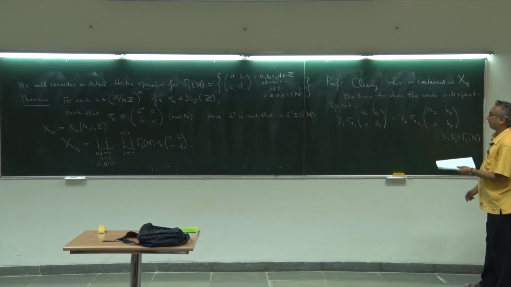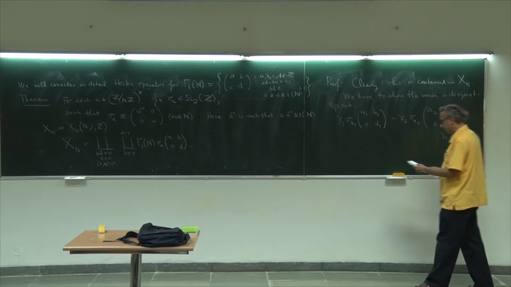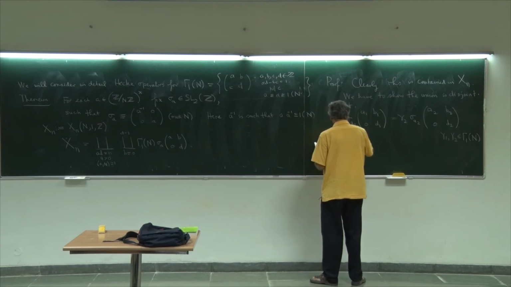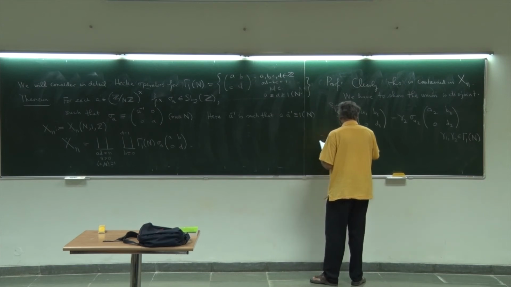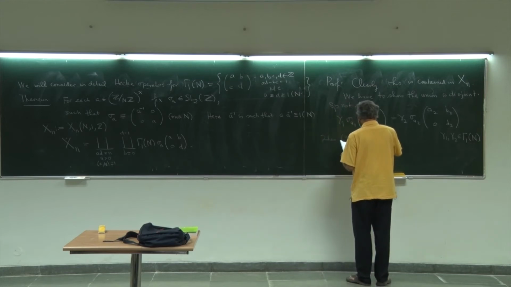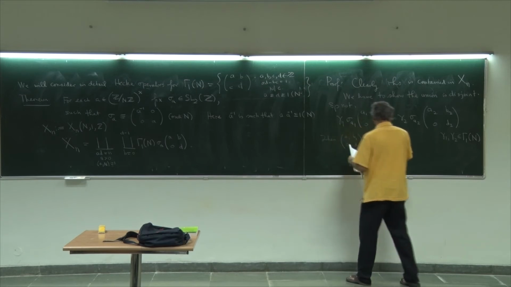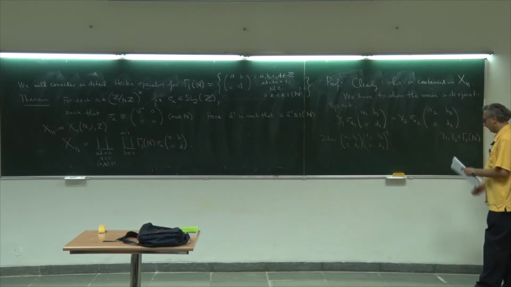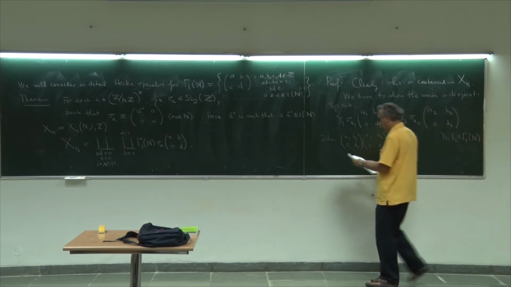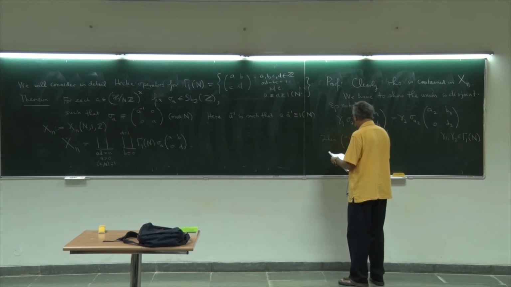Suppose the union is not disjoint, then the matrix A1, B1, 0, D1 times the inverse of A2, B2, 0, D2, that matrix is equal to, well, A1, B1, 0, D1.